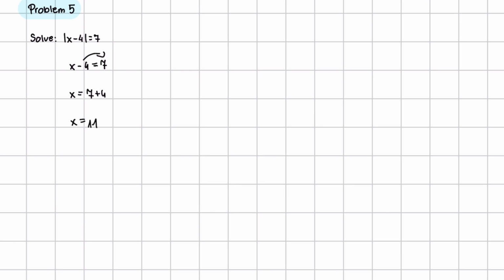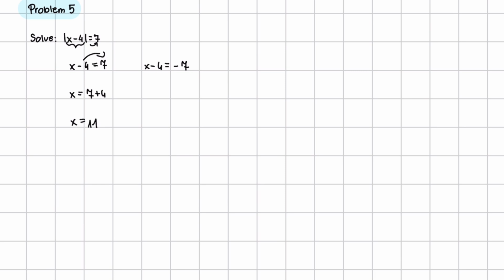But when we have absolute value, it is not the only answer, because our x minus 4 can also equal minus 7, because here we can have minus 7, but the absolute value gives us 7.